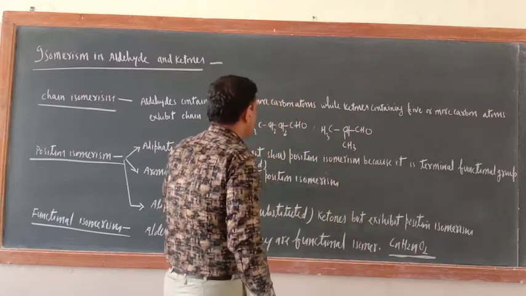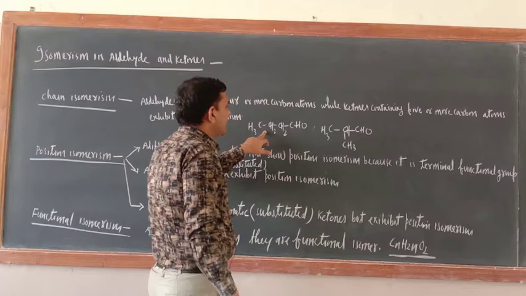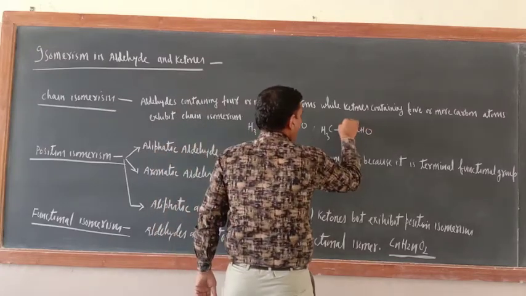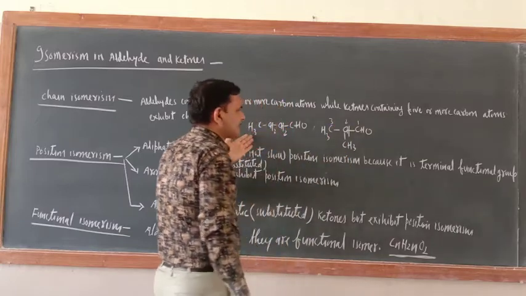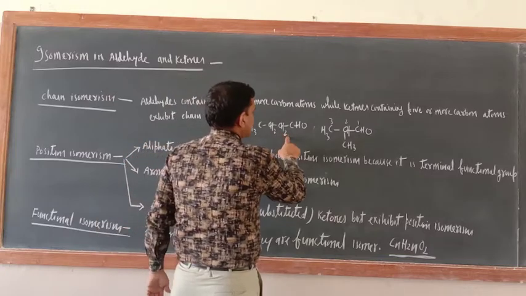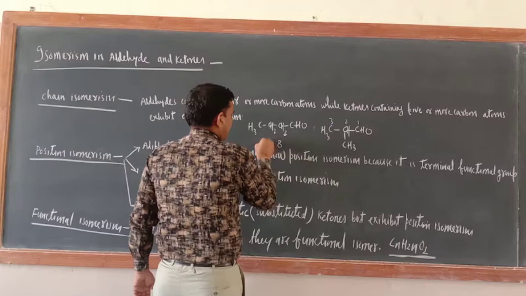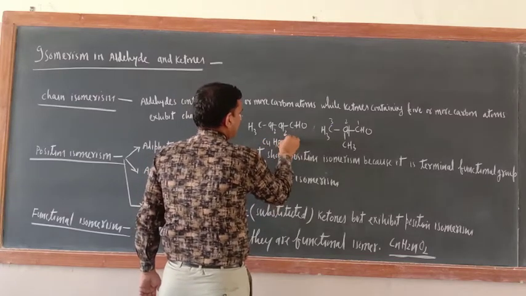Okay, so what is the name of this one? This is butan-1-al or butanal. What about this one? 2-methylpropanal. The molecular formula is the same. Just see, hydrogen atoms 8, carbon atoms 4, and oxygen atom 1.